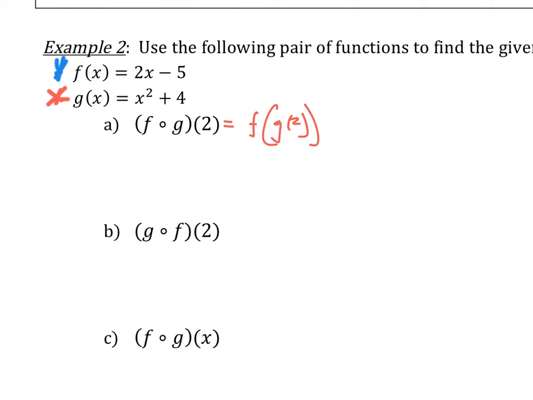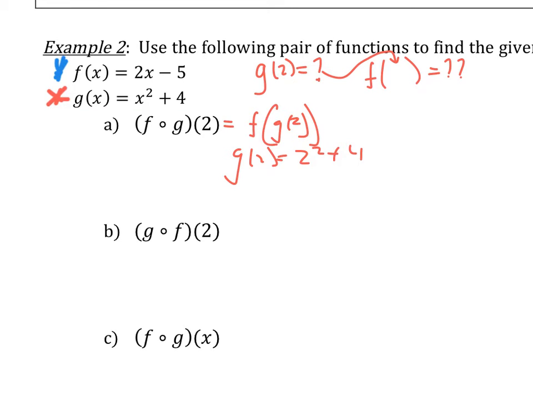This means we need to find out what g of 2 is, which is going to be equal to some number. We're going to take that number and put it inside of f, and then we'll find our second mystery number. So let's do that. We have g of 2 is 2 squared plus 4, which is 4 plus 4, which is 8. So f of g of 2 is going to be 2 times x, but x is what we got from g.